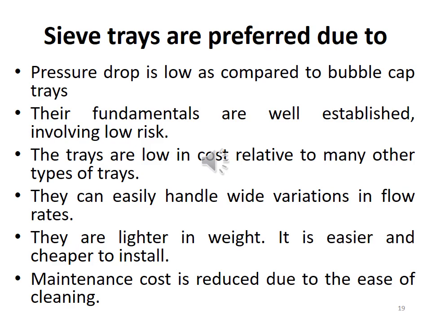The trays are low cost relative to other types of trays, so they are cost effective, and they can easily be handled, and a wide variation is possible in the flow rate. They are lighter in weight, and it's easier and cheaper to install. Maintenance cost is reduced due to the ease of cleaning.